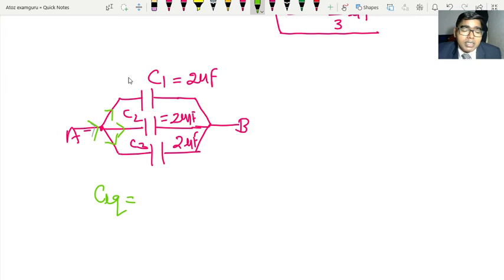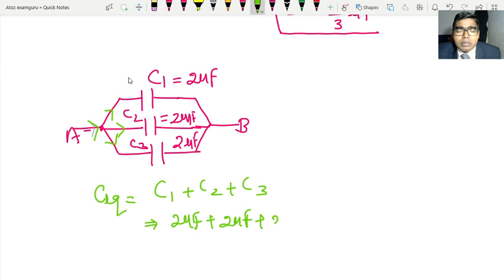It means that C equivalent equal to C1 plus C2 plus C3. It means 2 microfarad plus 2 microfarad plus 2 microfarad. It simply means 6 microfarad.